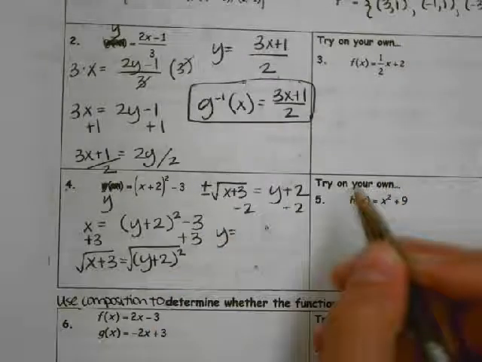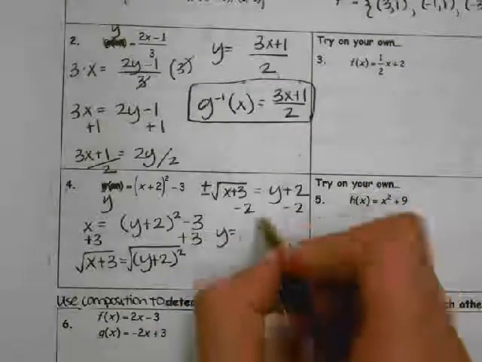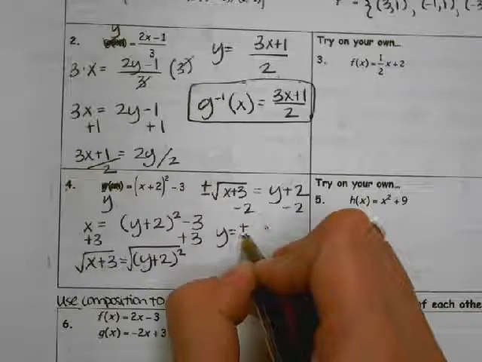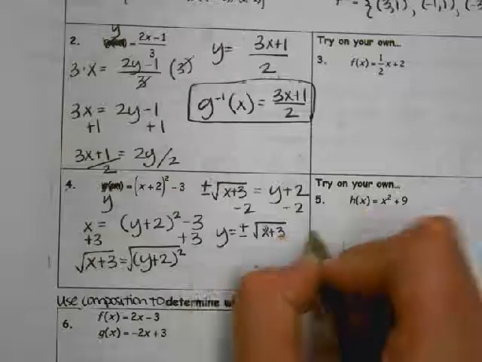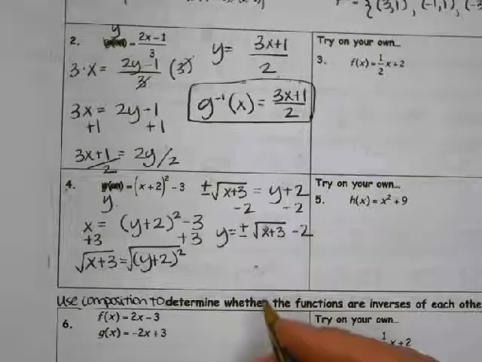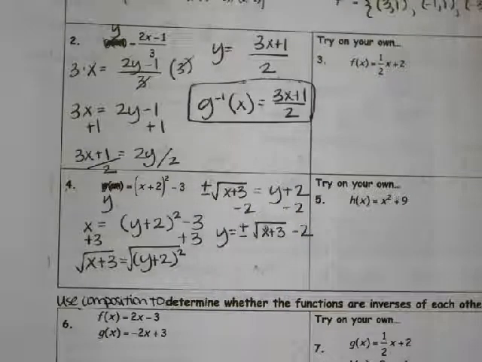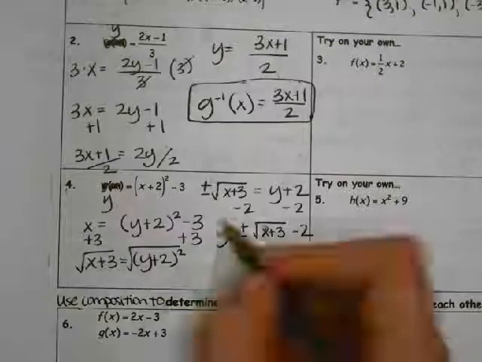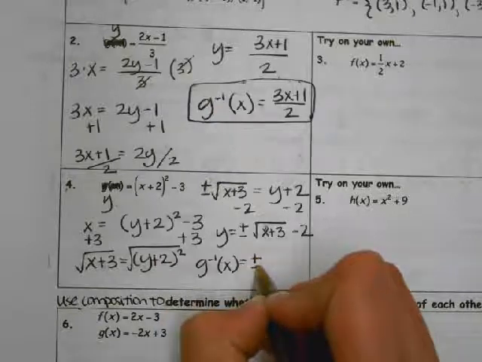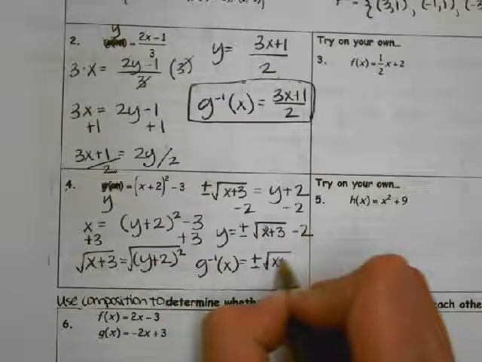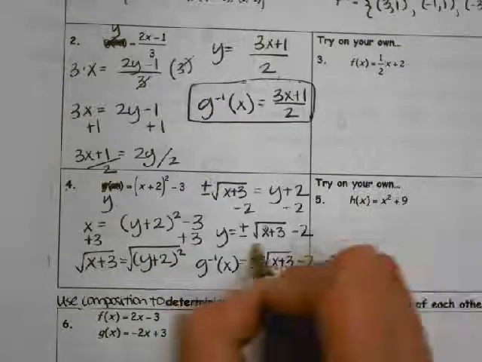That minus 2 is actually on the end of the problem. So this is y equals plus or minus the square root of x plus 3 with a subtract 2 on the end. And I'm going to fix my notation. So this is g inverse of x equals plus or minus the square root of x plus 3 with a minus 2 on the end.